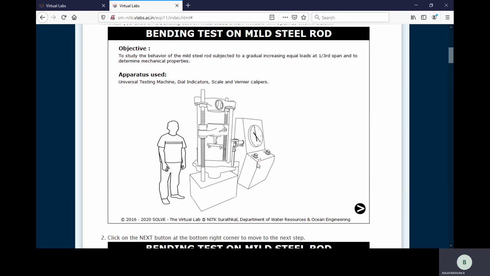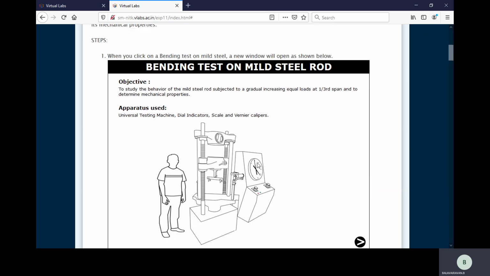Now we are going to simulate how the experiment is done in a real-time laboratory. In the virtual lab and the real-time experiment, both are the same. Here we just simulate what will be done in the virtual lab and the actual laboratory.